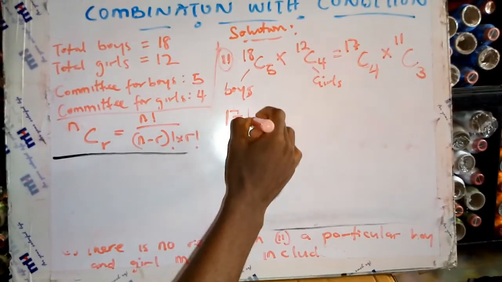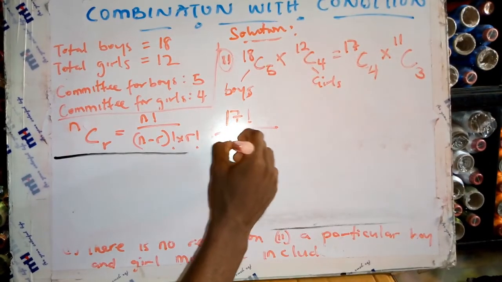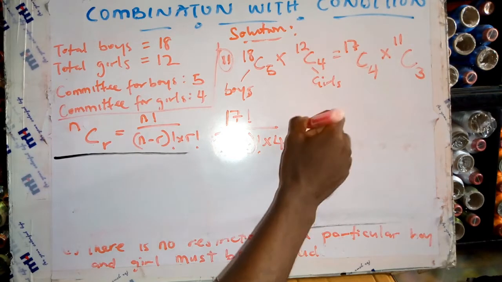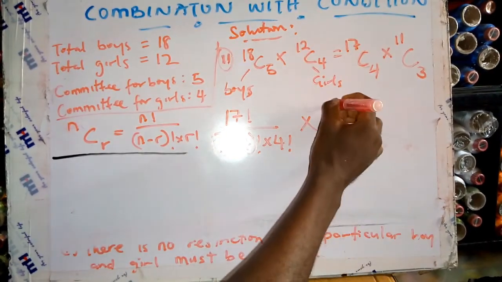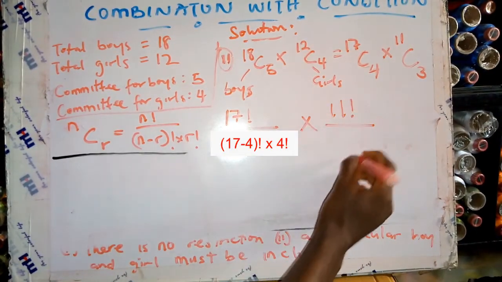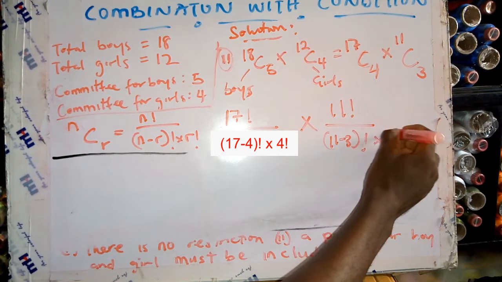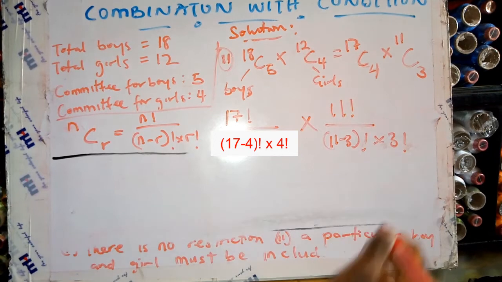So that will be 17 factorial over 17 minus 4 factorial times 4 factorial, multiplied by 11 factorial over 11 minus 3 factorial times 3 factorial.